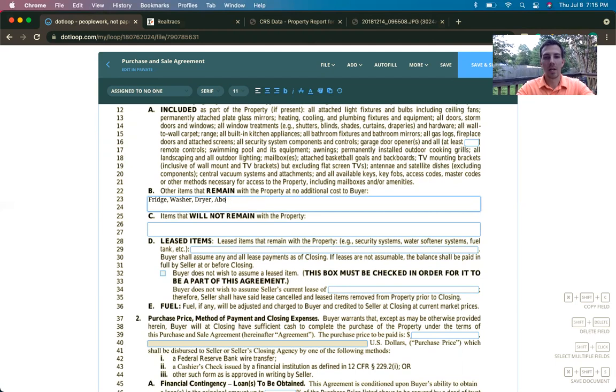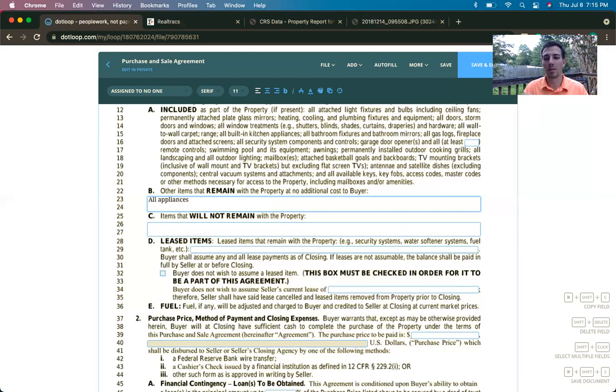Now, a quick correction: some people put all appliances. Do not do this. The reason is, let's say you say all appliances. Does that include the washer and dryer? Does that include the fridge? It's not specified. So you could definitely get in legal trouble if the seller takes the fridge and claims, well, it was never in the home and it's not specified in the contract.